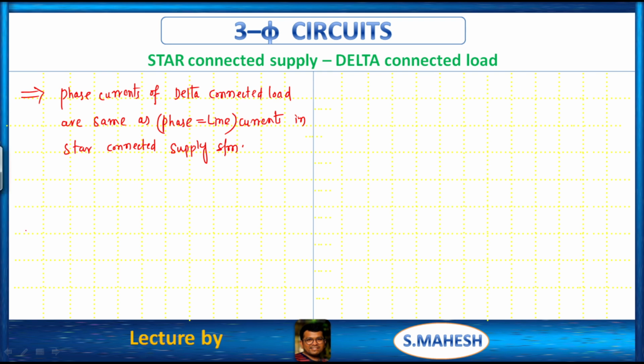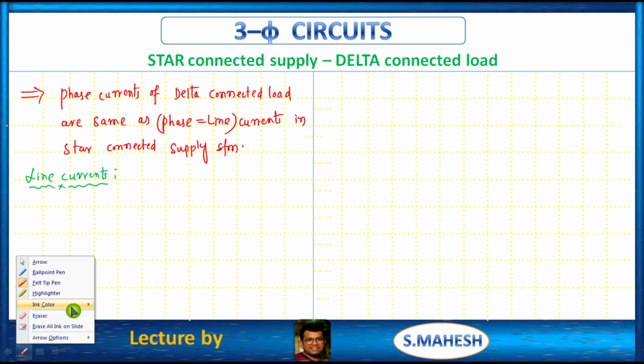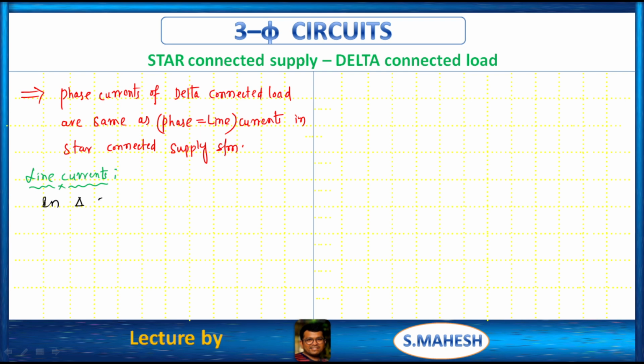That's it. Phase currents are completed. Now we have to get the line currents. We know that in a delta connected system, IL lags I phase by 30 degrees, right?